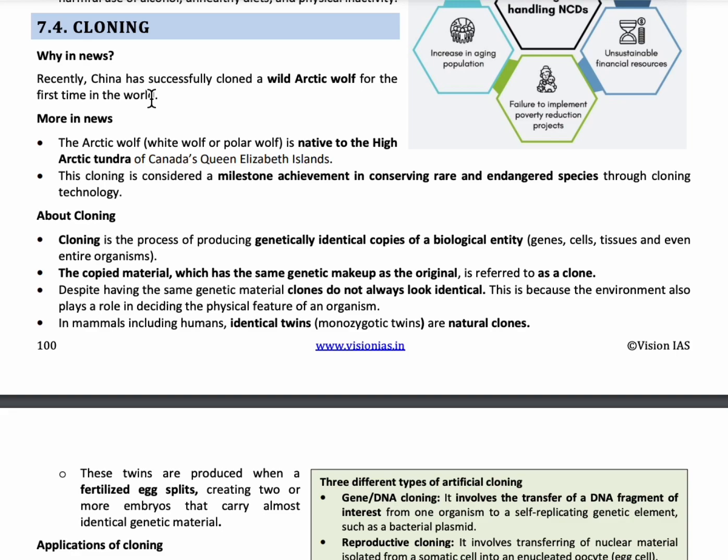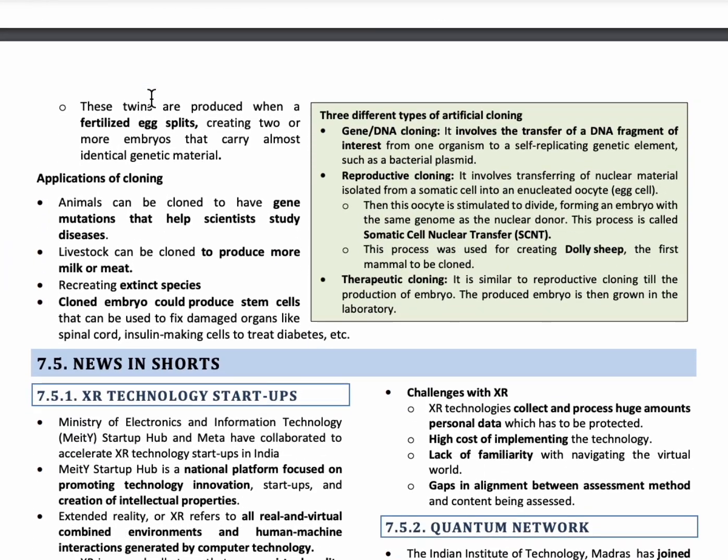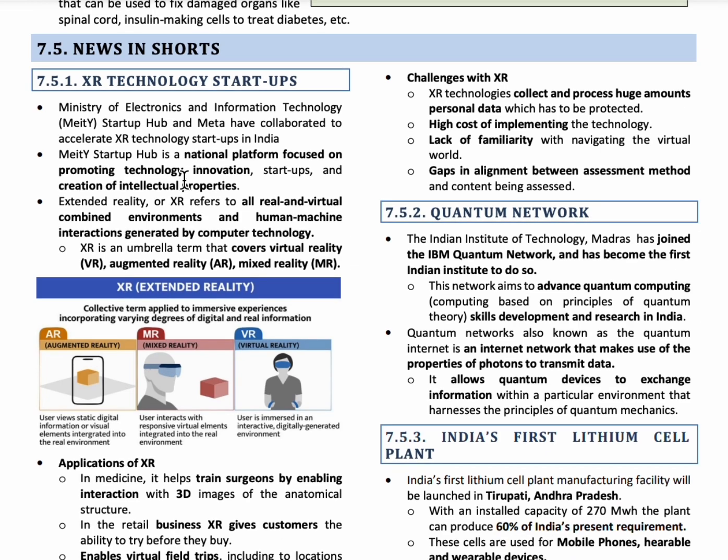This method can be used for conserving rare and endangered species. Recently, China has successfully cloned a wild Arctic wolf, which is native to the high Arctic tundra of Canada's Queen Elizabeth Islands.